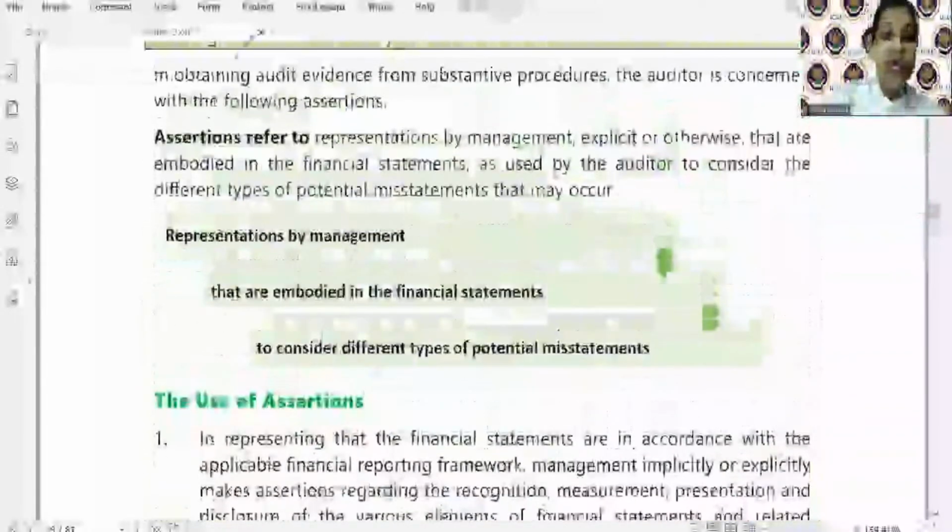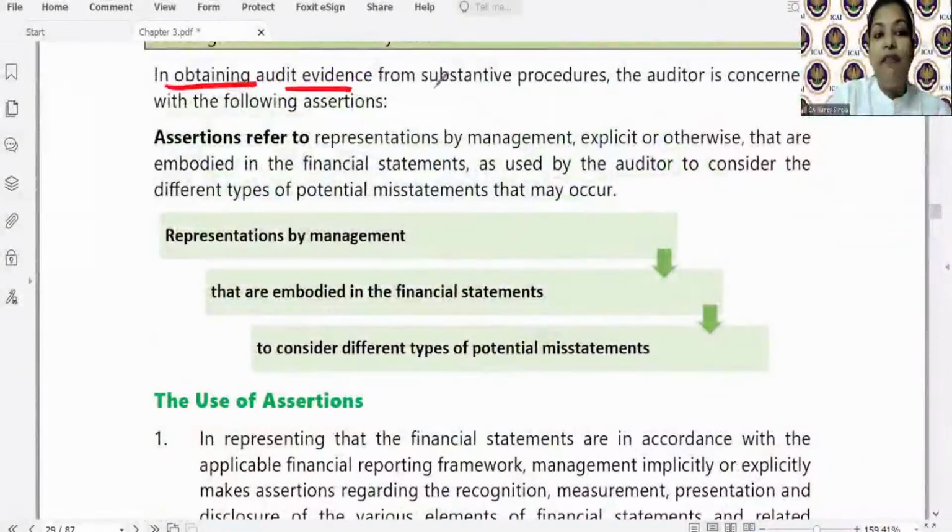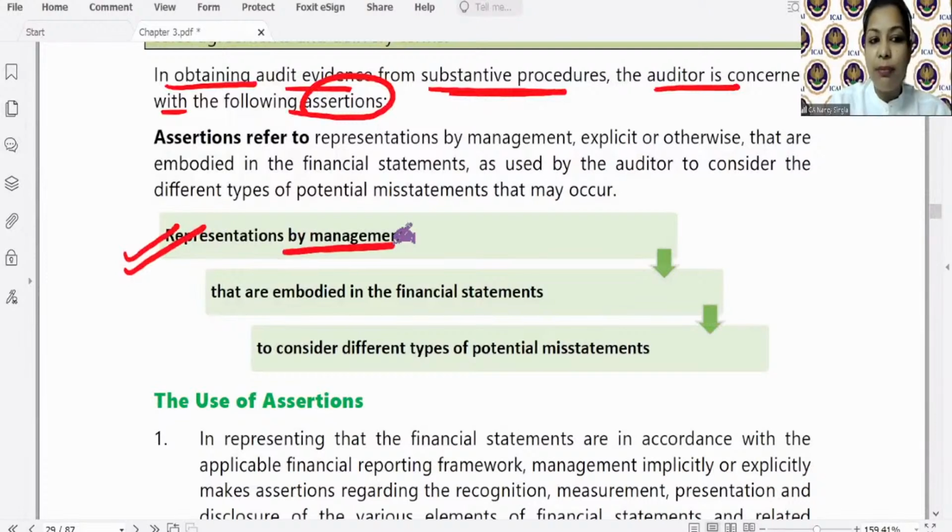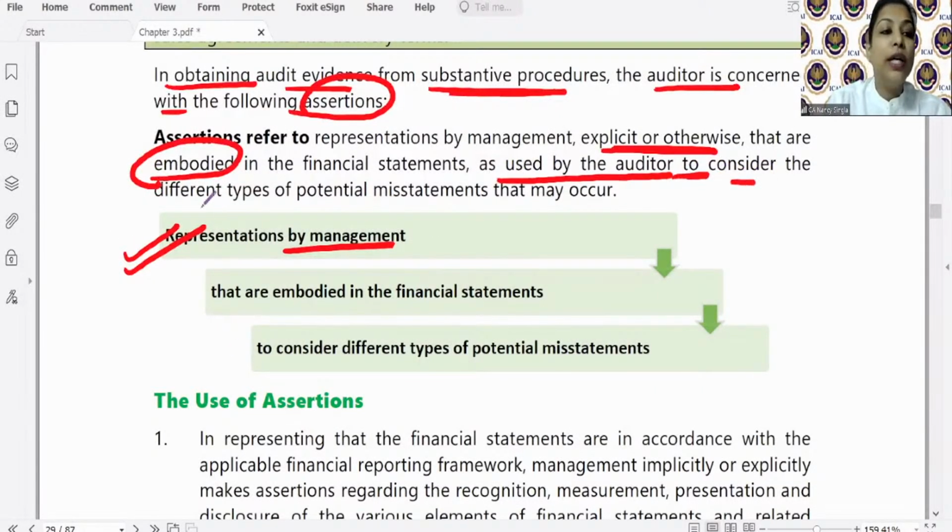So see, in obtaining audit evidence from substantive procedures, the auditor is concerned with the following assertions. These are the representations by management, explicit or otherwise, that are embodied, included in the financial statement, as used by the auditor to consider different types of potential misstatement that may occur.